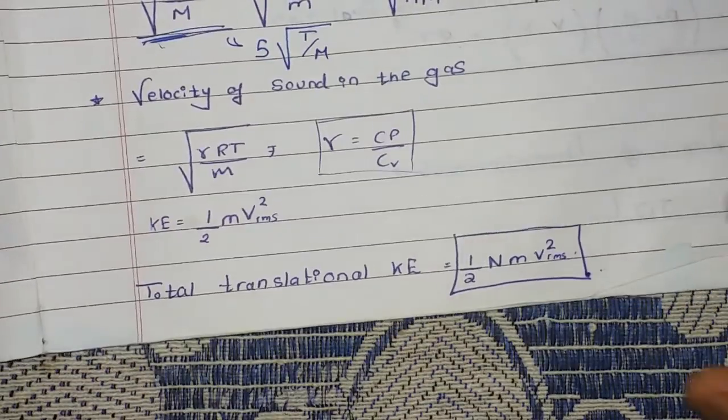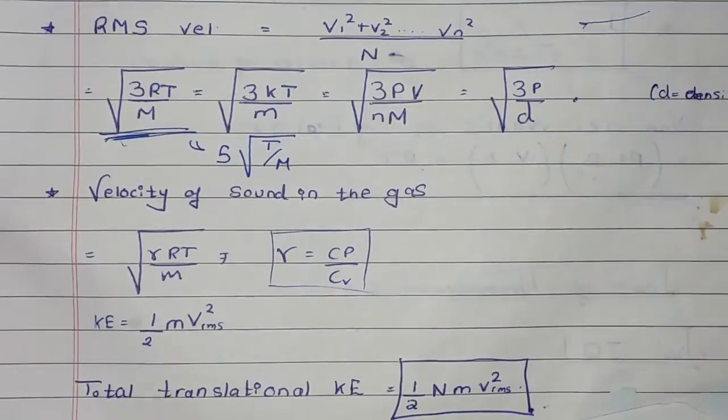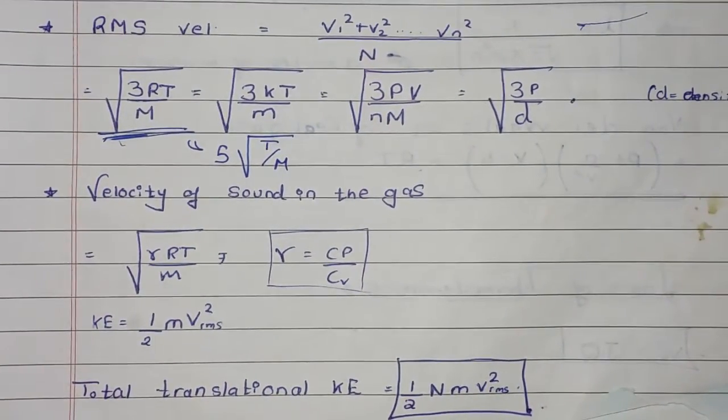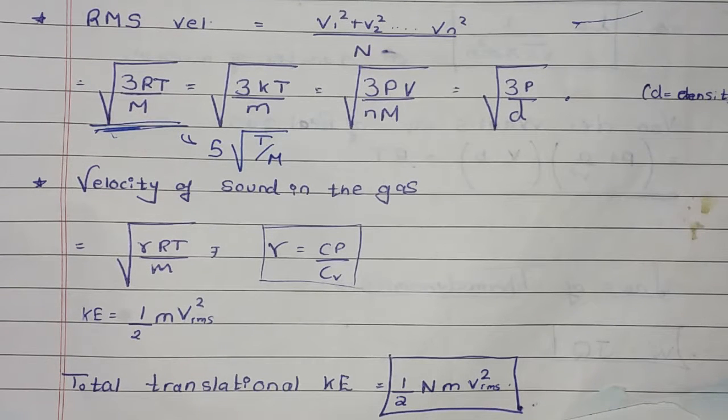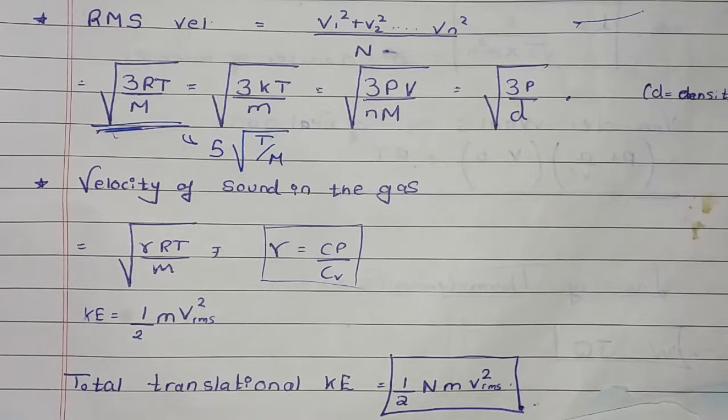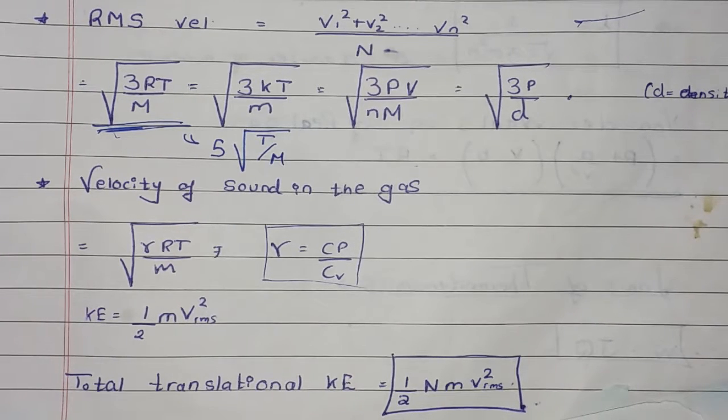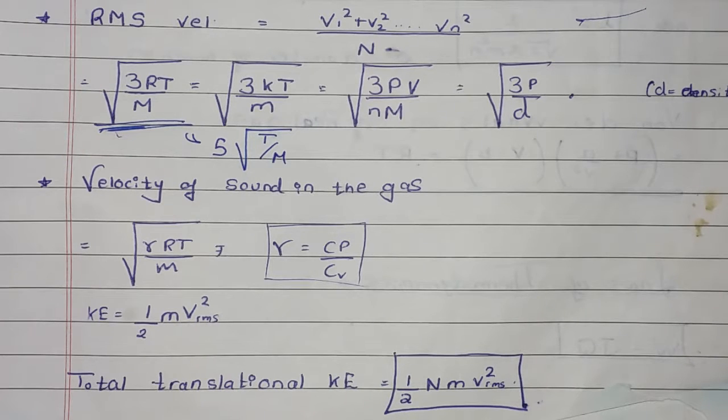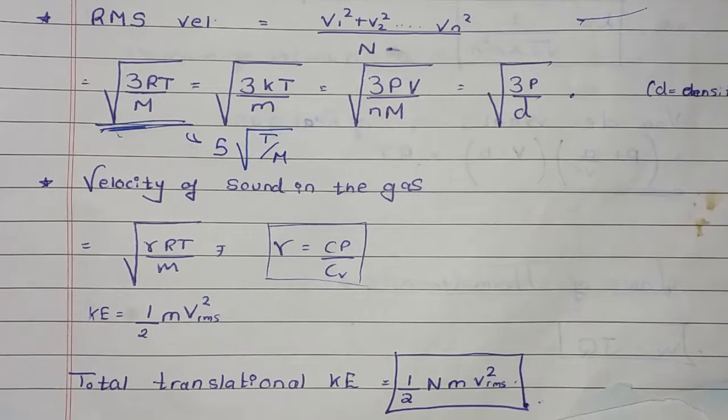Total translational kinetic energy, my friends, not rotational, pure translational, is half of N m v square RMS, where N is the number of molecules. So the number of molecules times the kinetic energy gives the total translational kinetic energy.